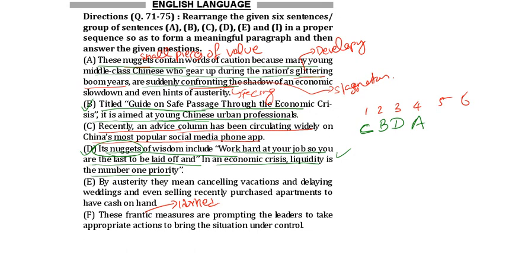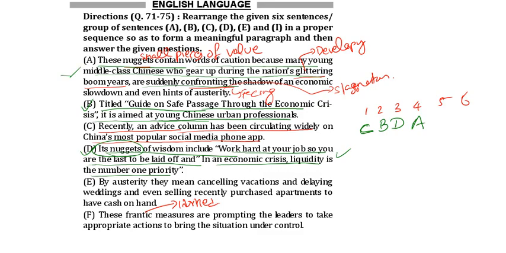Why have these words attained value now? Because nowadays China is facing economic slowdown. That means there is a chance of so many people losing their jobs, and so many people will be short of money. So now these words have attained importance based on China's present economic condition. So A is the next one.